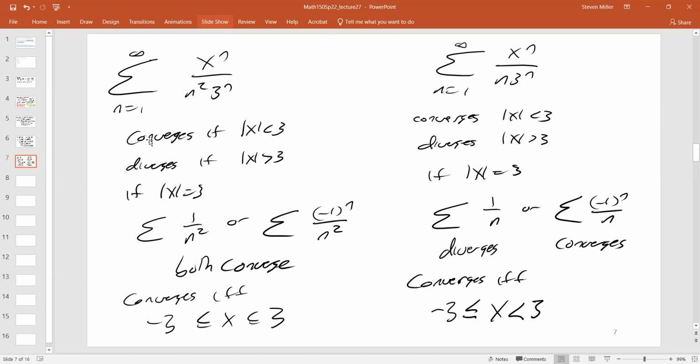It would now diverge at both plus and minus 3. But the reason is because if I move the n squared from the denominator to the numerator, it's still going to give me a factor in the ratio that is just 1 in the limit.